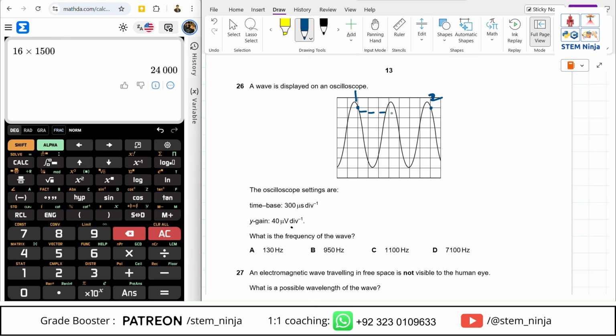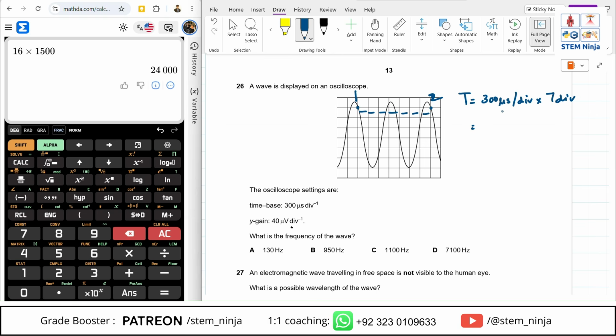So 1, 2, 3, 4, 5, 6, 7. So time period is time base 300 microseconds per division times 7 divisions.